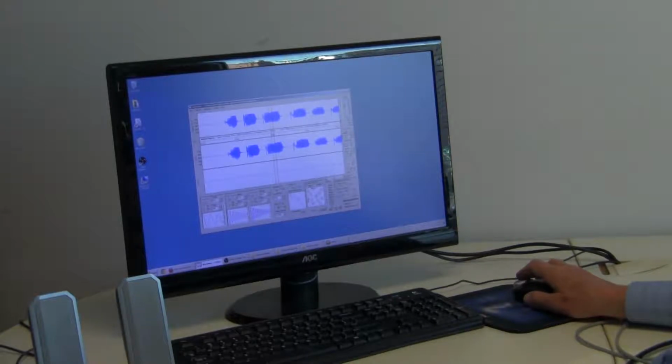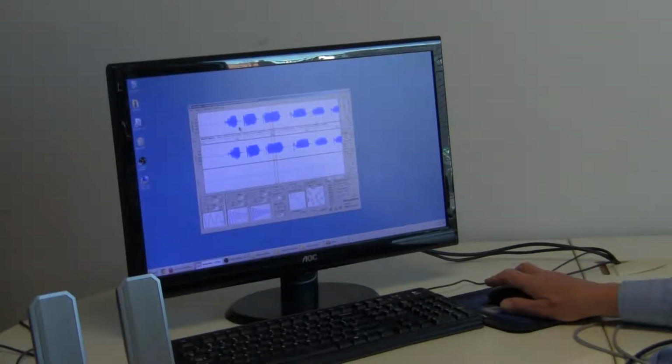I can play this back from the Waveview screen, and I'll click on original. Pa pa pa, pa pa pa. Okay, so this is the syllable pa pa pa, pa pa pa.